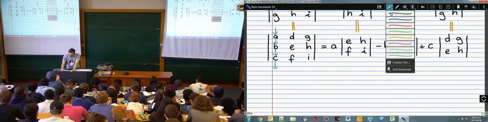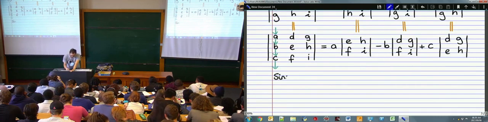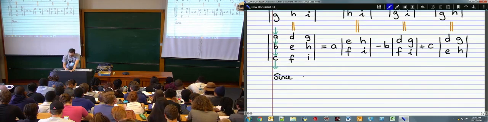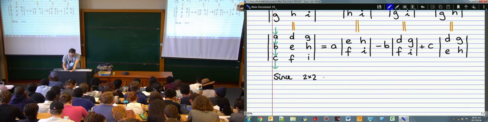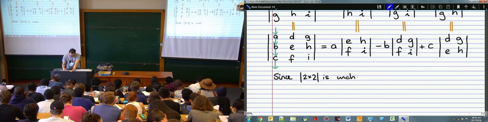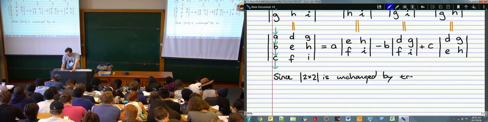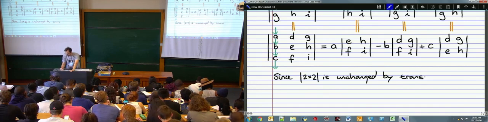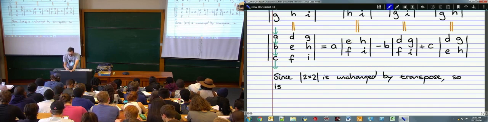So since the 2 by 2 determinant is unchanged by transpose, so is the 3 by 3.